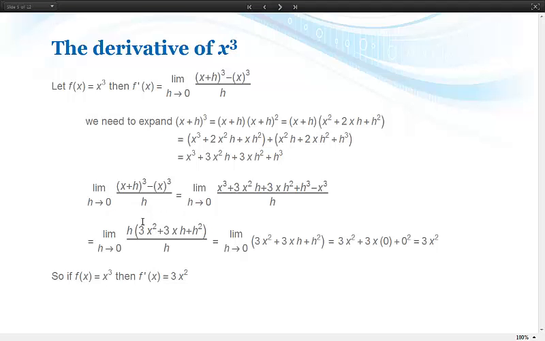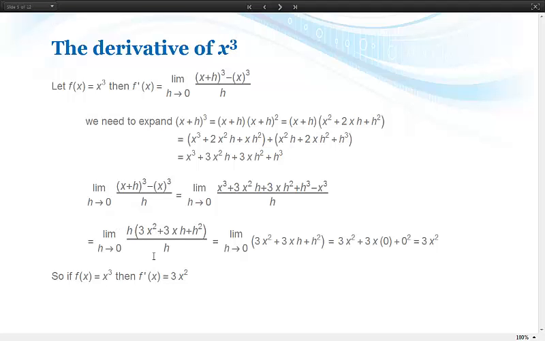And notice that every term in this expression has an h in it except for the first, after I factored out the h, right? So only this term had a single h in it. This one had an h squared. So when I factor out the h, I just get h. This was h cubed, and I factor out the h, I get h squared.